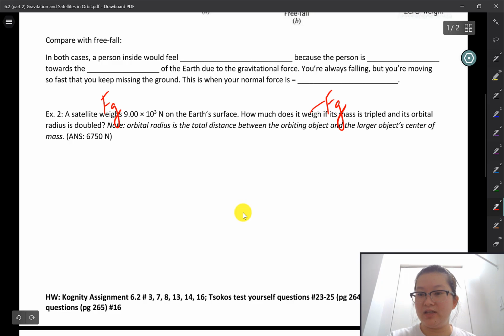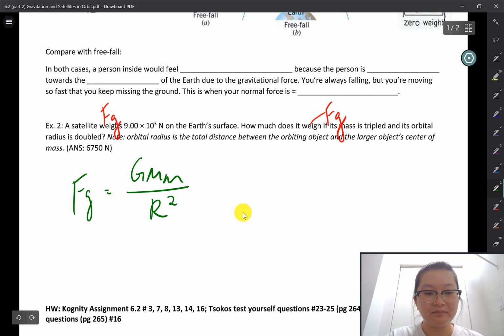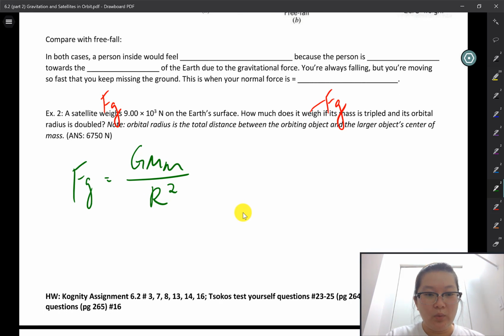We know that Newton's universal law of gravitation is big G, big M, times small m over the distance from the center of the Earth squared. So we know that the original Fg is this value here.